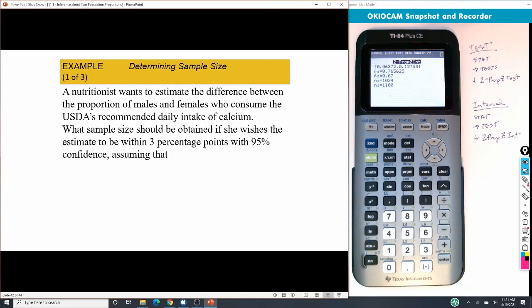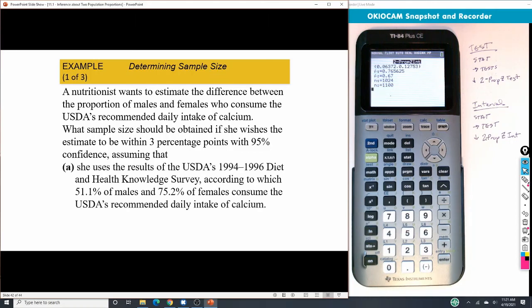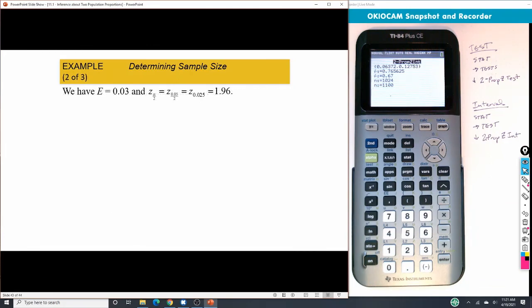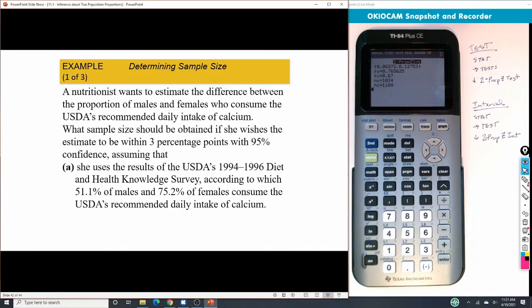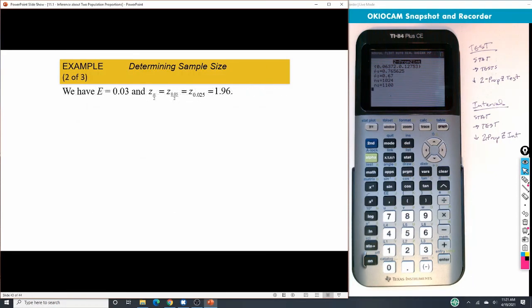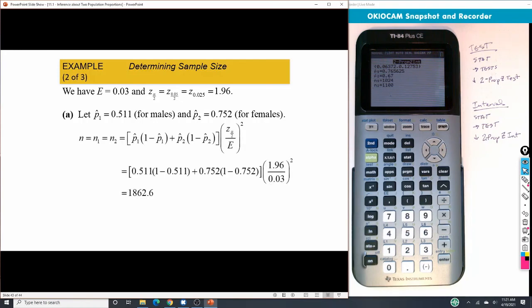We have 95%, 3 percentage points. And then part A, we know our percentages. All right, so we break those things down, our z of alpha over 2, because it was a 95%, is 1.96, and we plug in accordingly. Okay, so making sure we keep up with brackets and parentheses for all those pieces.